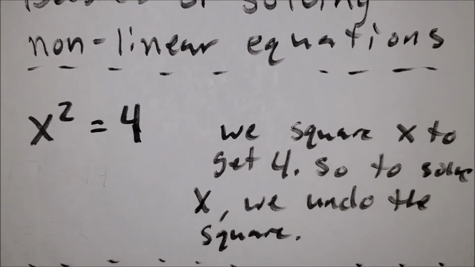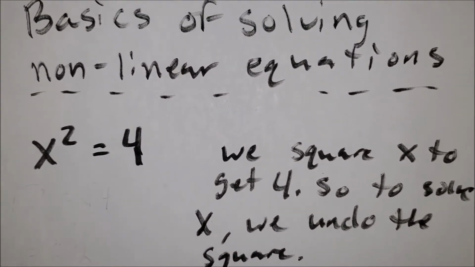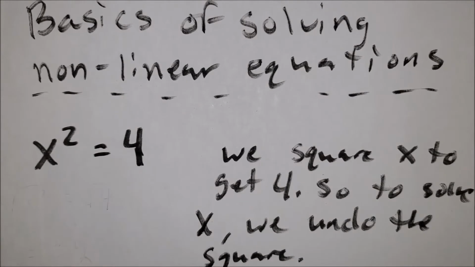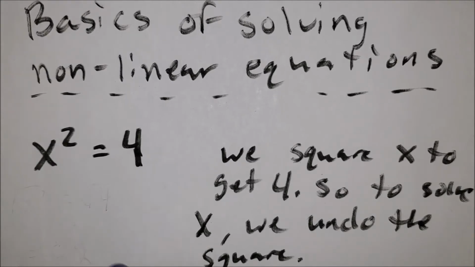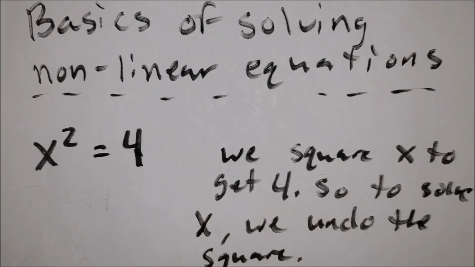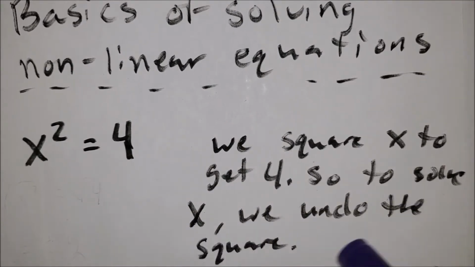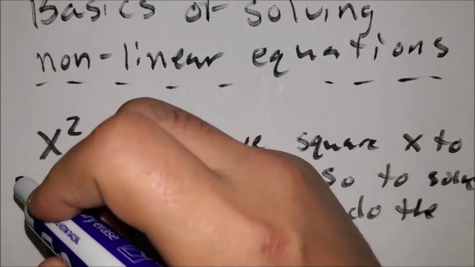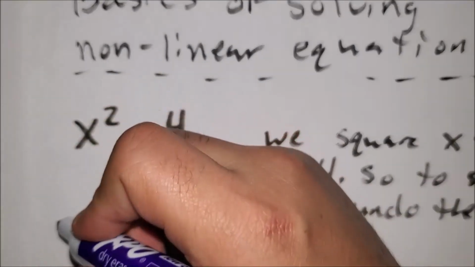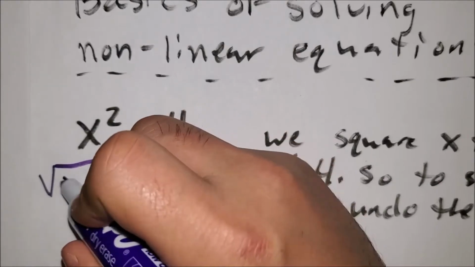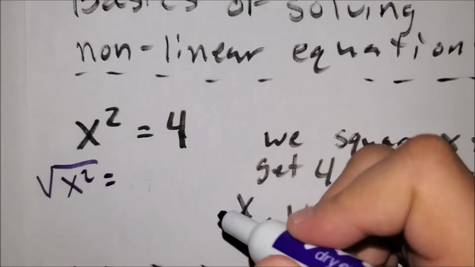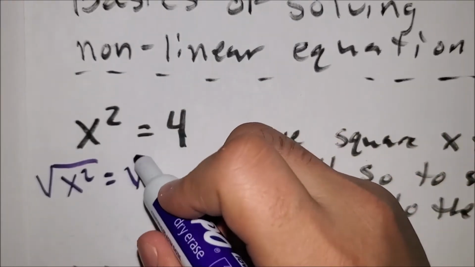If we have something like x squared equals 4, to solve this, we look at what operation's being done on x. Here, we're squaring x. So to get x by itself, we have to undo this square. So we square root both sides. The square root of x squared gives us x, and this is the same thing as the square root of 4.